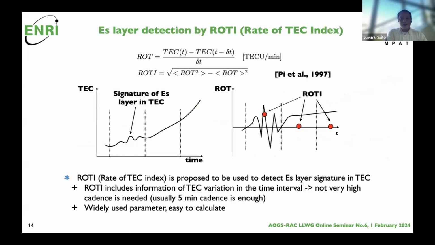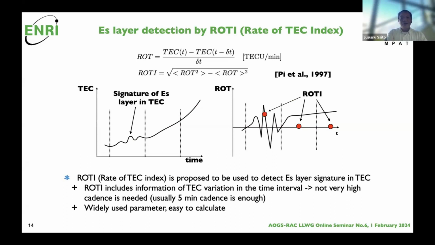Another parameter, which is suitable for shorter time scale variation, is the ROTI, or rate of TEC index. It is basically the standard deviation of the time derivative of TEC in a certain time period.